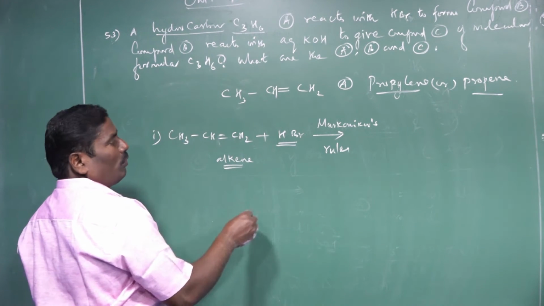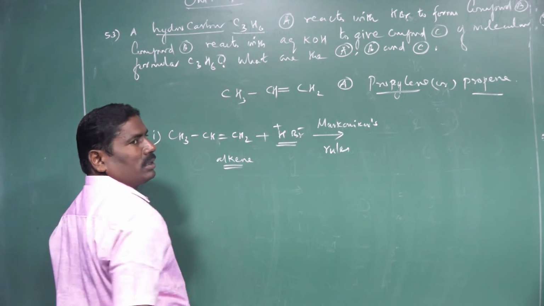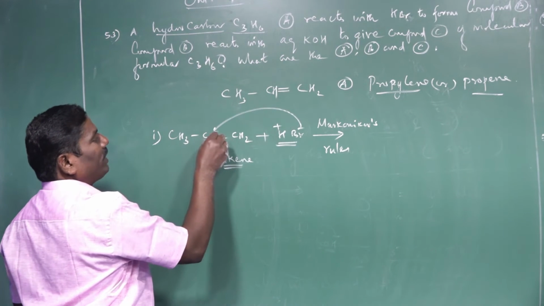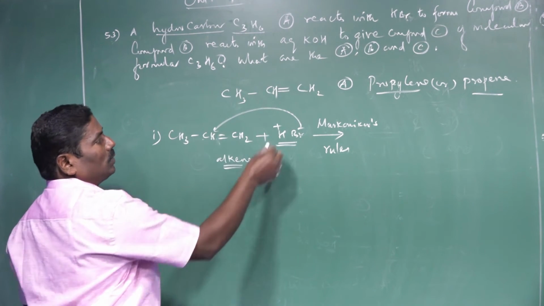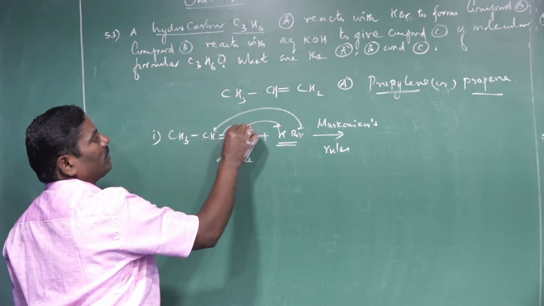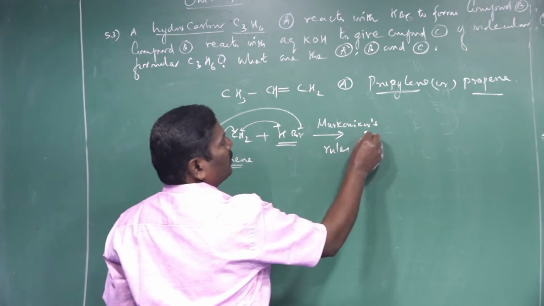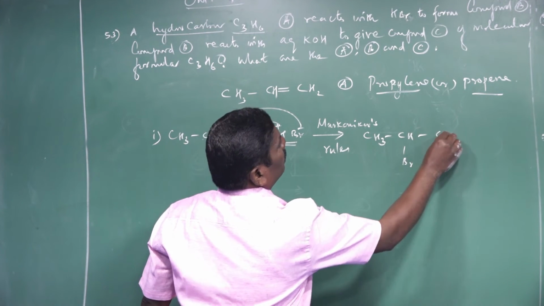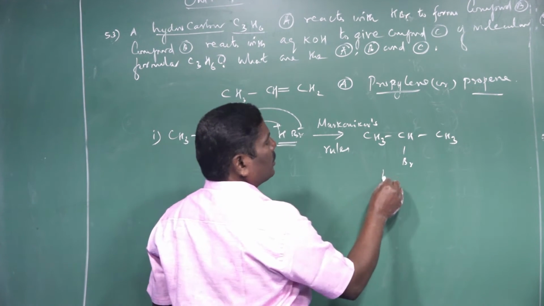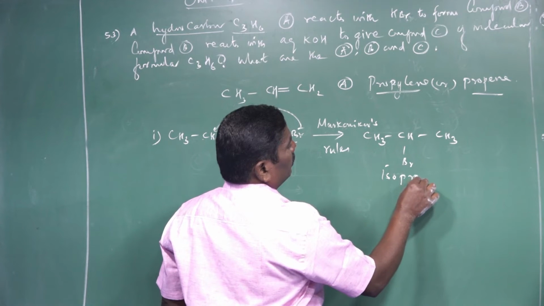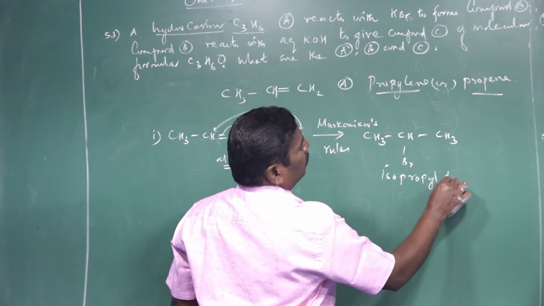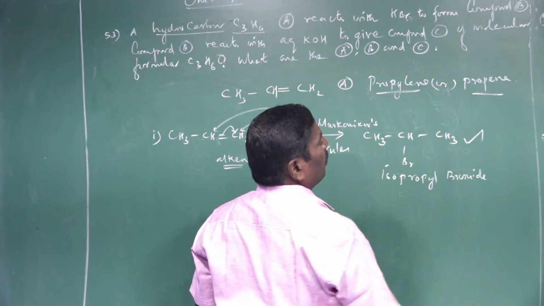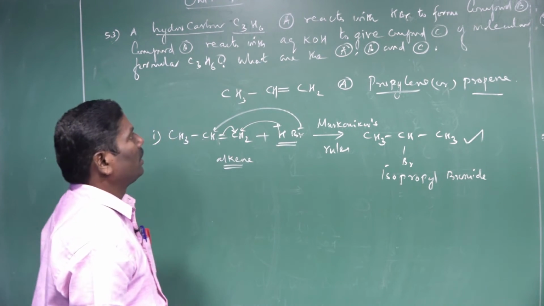What is Markovnikov's rule? HBr can split as a negative part and a positive part. The negative part will approach the carbon with fewer hydrogens, and the hydrogen will approach the other carbon. The product formed is CH3CHBrCH3, called isopropyl bromide. This is the Markovnikov product that you have studied in our book.